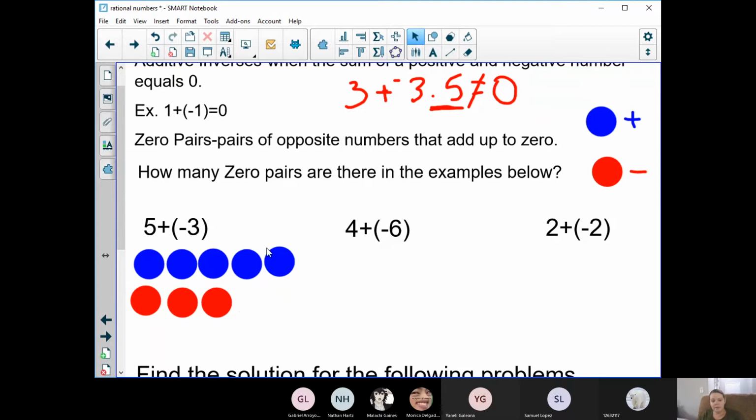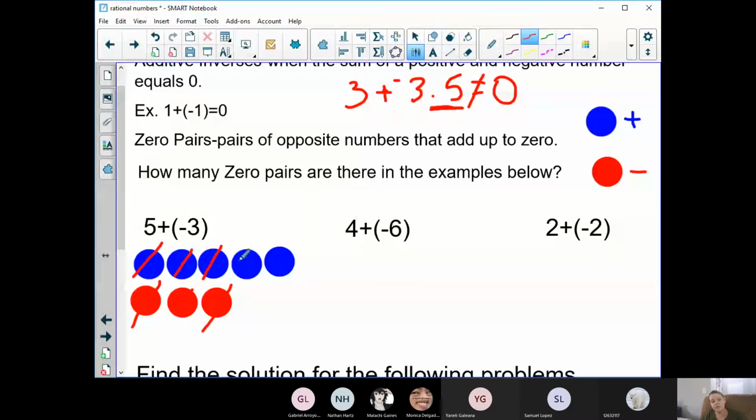Now I can see that I have my 5 positives and my 3 negatives. And what I'm going to do is mark through one of each at a time. So those 2 pair up, those 2 pair up, and those 2 pair up.